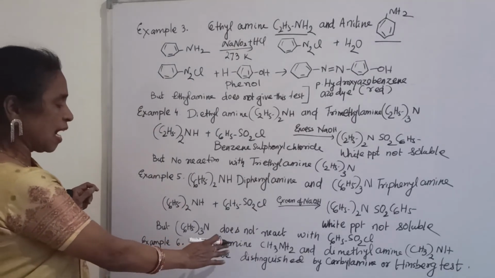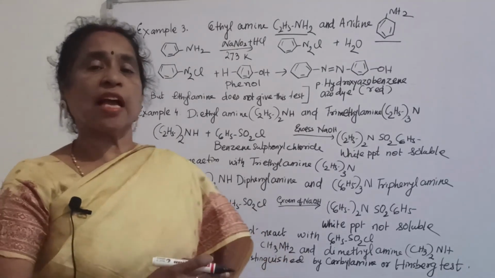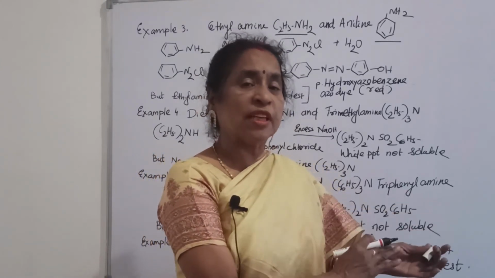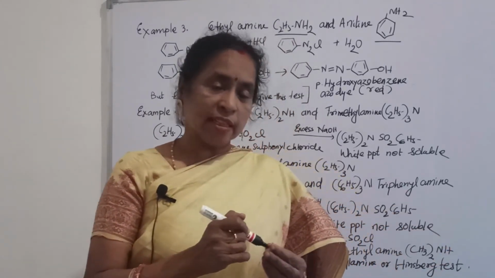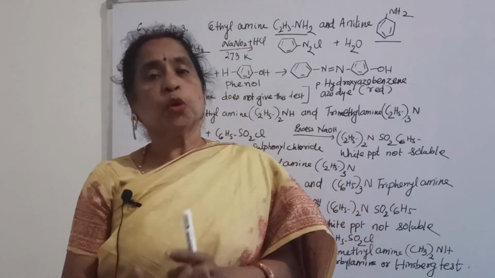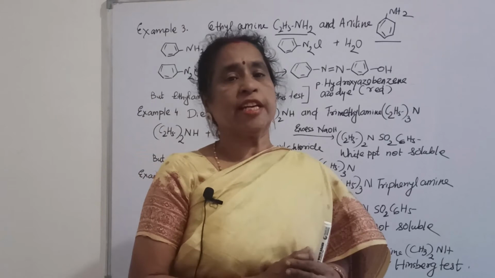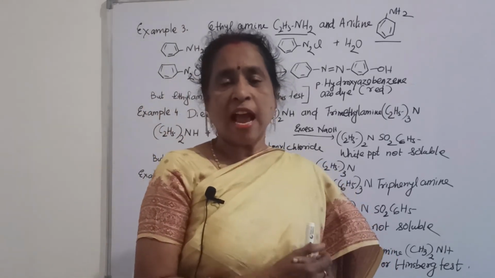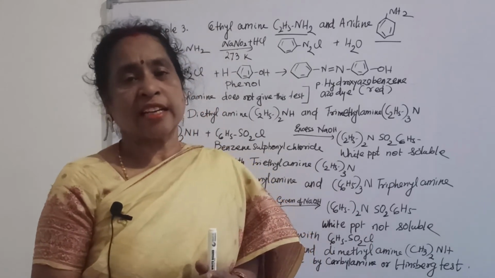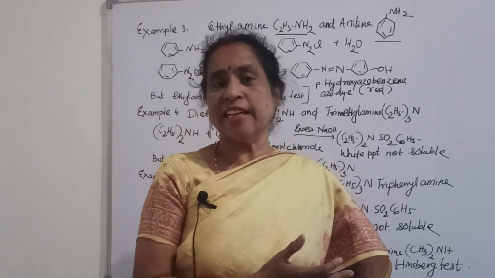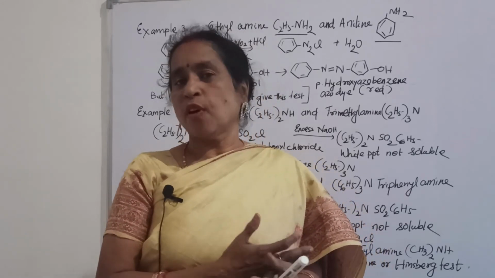Example 6, methylamine and dimethylamine. Methylamine is primary and dimethylamine is secondary. Then what happens here? Here we can do the Hinsberg test, or we can do the Carbylamine test, because we know methylamine is positive for the Carbylamine test, and dimethylamine, since it is secondary, is positive for the Hinsberg test.